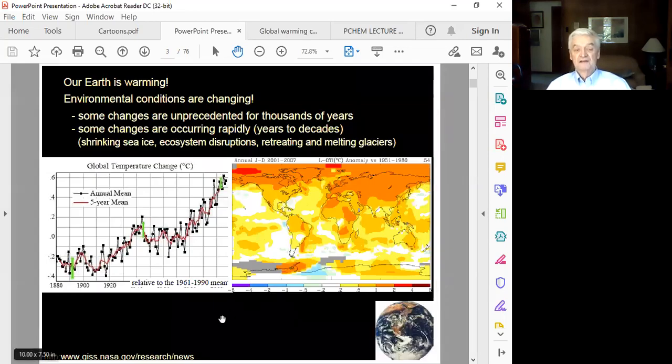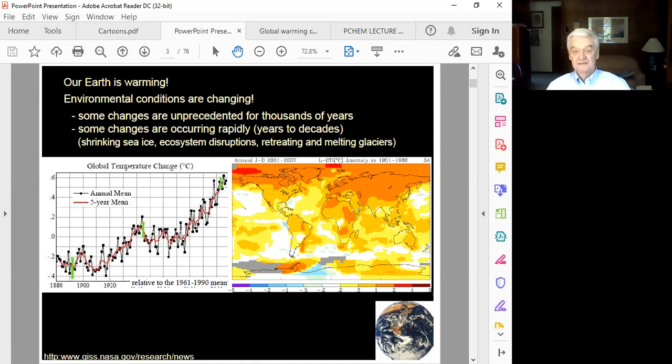Okay, so here's a 2009 chart of global temperature changes. Now, the global temperature deniers may sometimes say, well, look here, from about 1940 to 1960, the average temperature didn't increase at all.